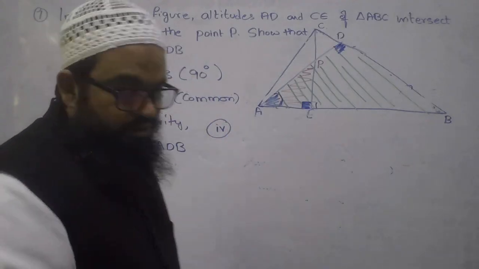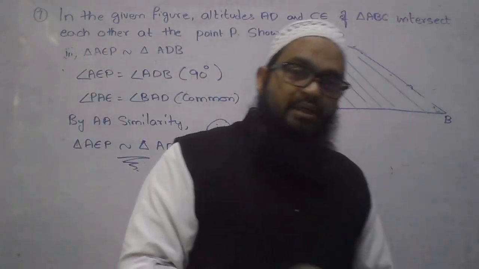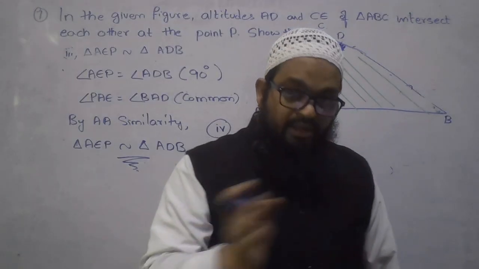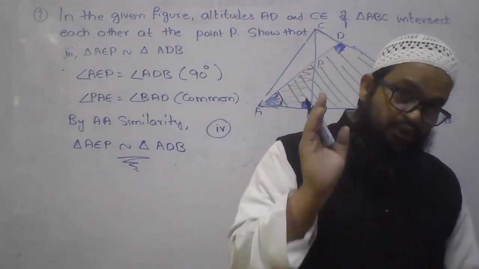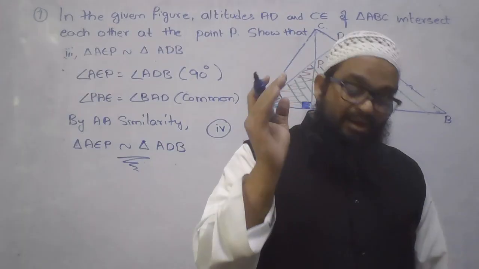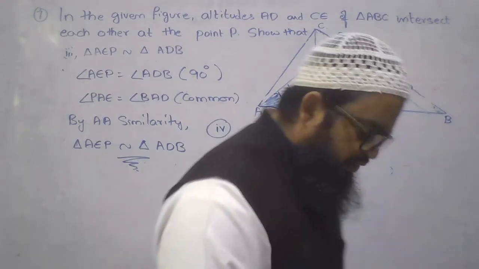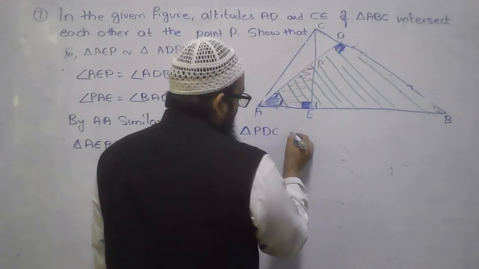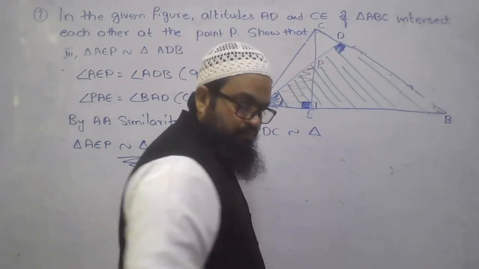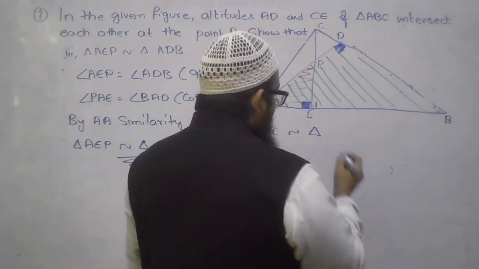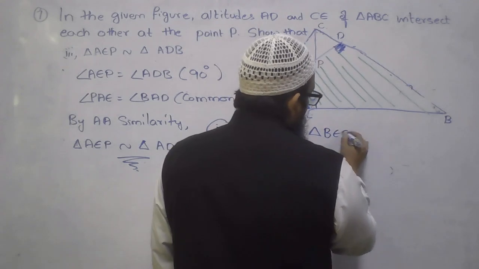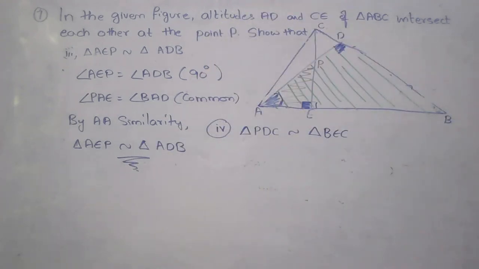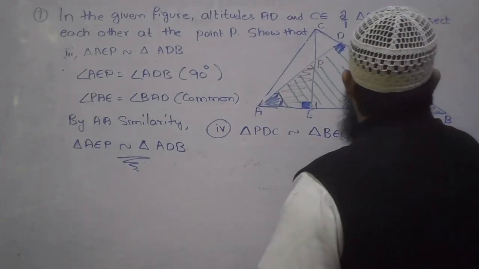Please write one below the other. Don't be too stingy with space; do it one below the other in your examinations. So the next one is triangle PDC is similar to triangle BEC. Now let us see where is PDC and BEC. Shall I rub it?